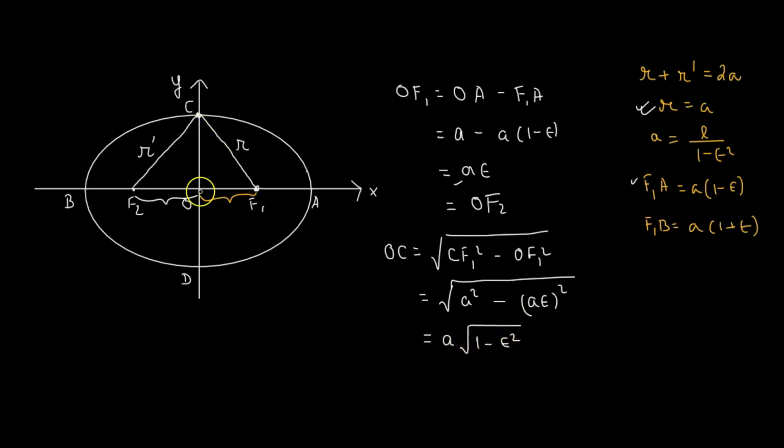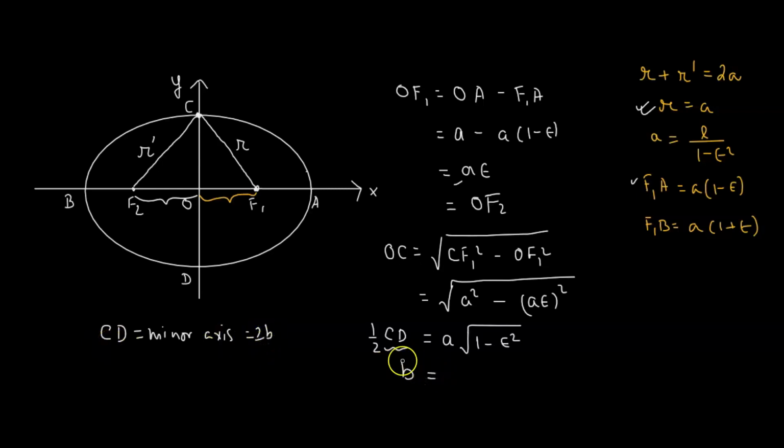Now what is OC? OC is actually CD over 2, that's half of CD. This is the value of OC. And CD is the length of the minor axis, which is 2b. So half of CD will be simply b.